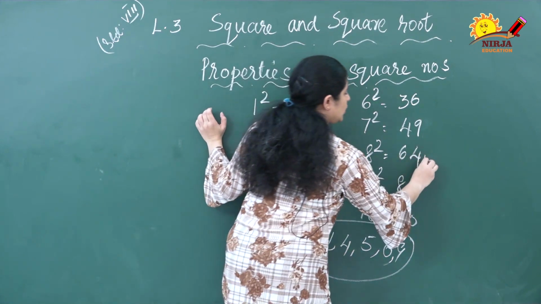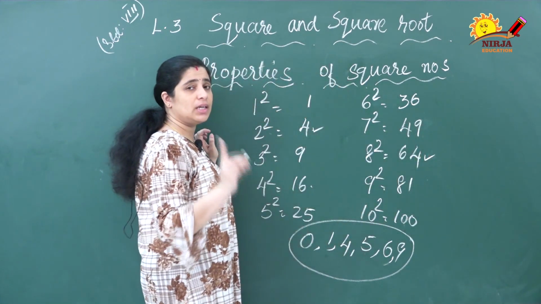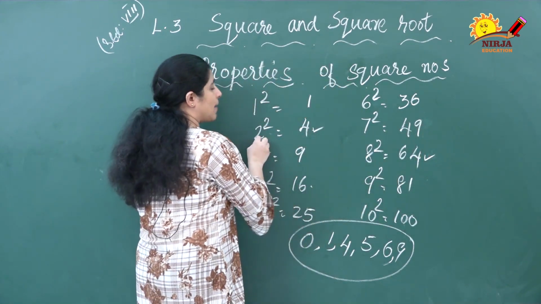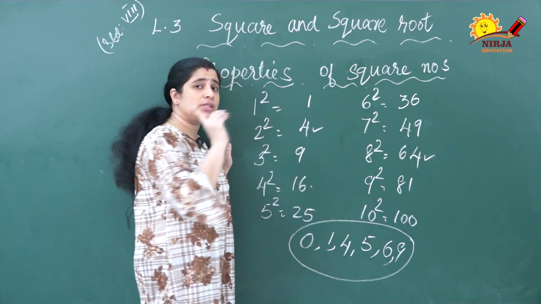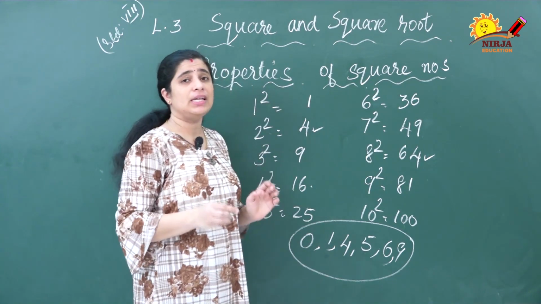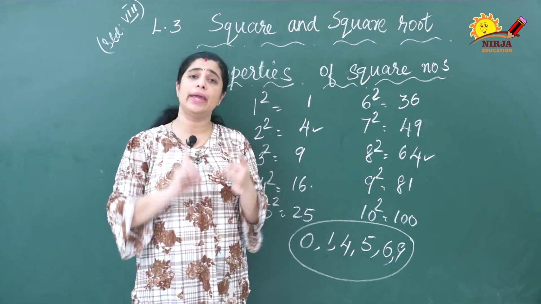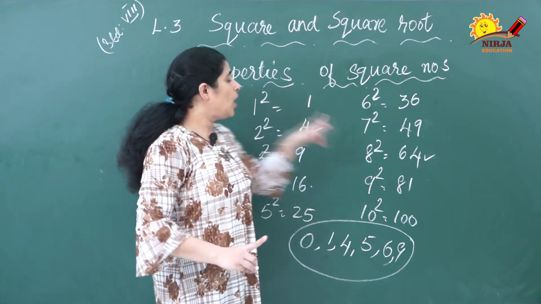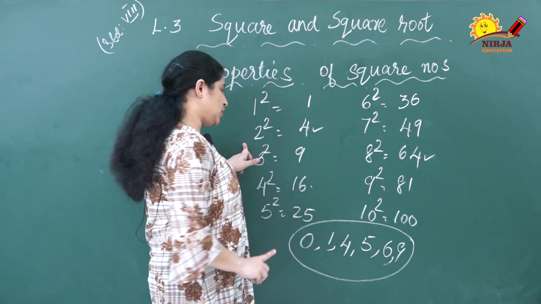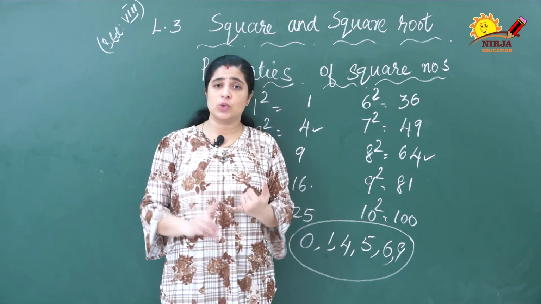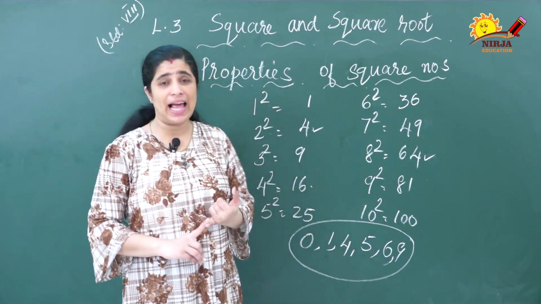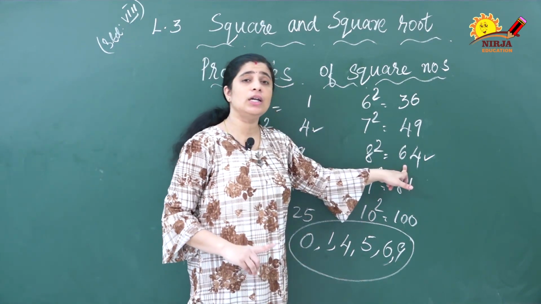Now the next one, you see the 4 in the unit place. Here also in the unit place the number is 4. Suppose the number in the unit place is 2 or 8, like 12 or 18, 22 or 28. The square of those numbers will have 4 in their unit place.